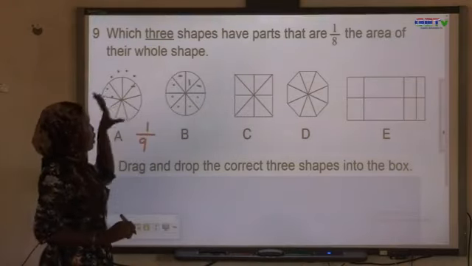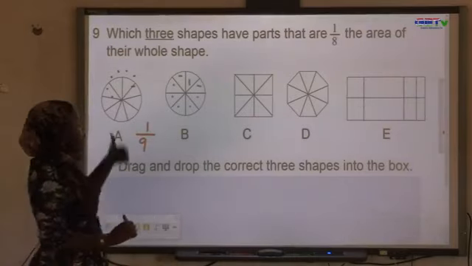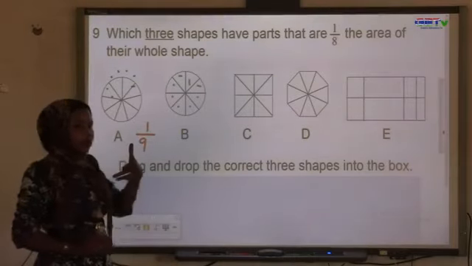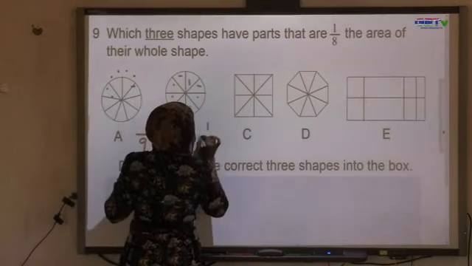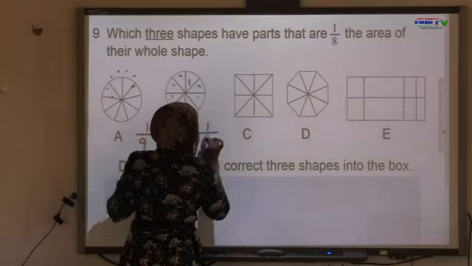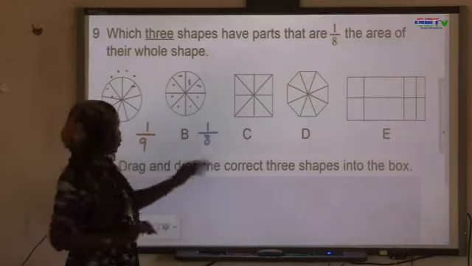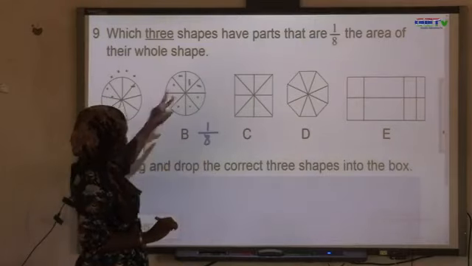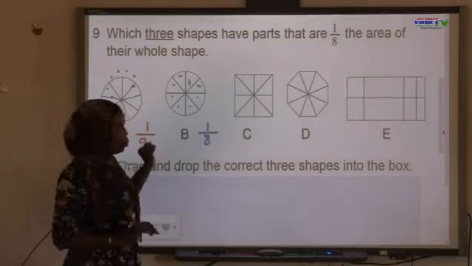We have 8 equal parts. Each part can be written as 1 over 8, where 1 is referring to one part and the 8 is referring to the total number of parts that we have in the whole.